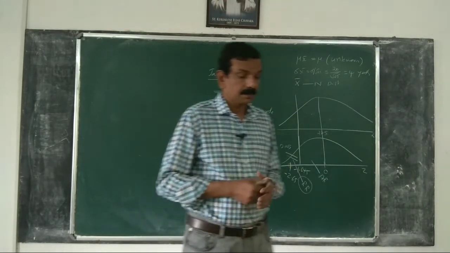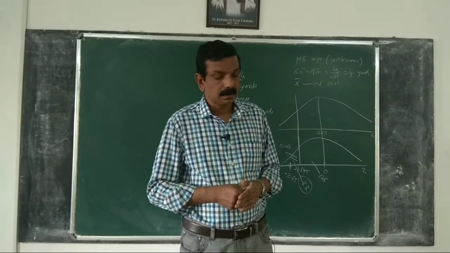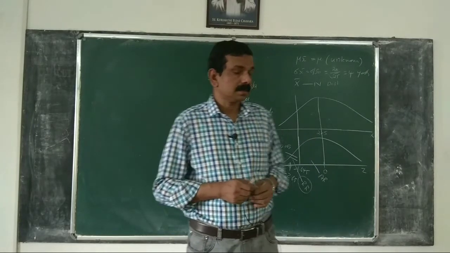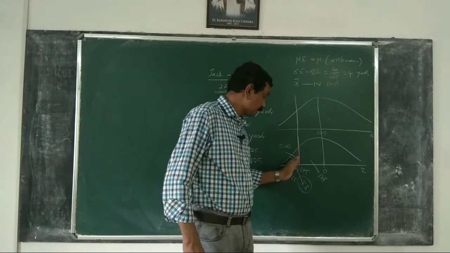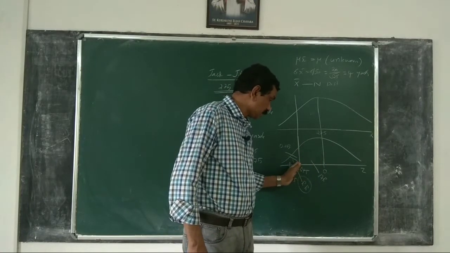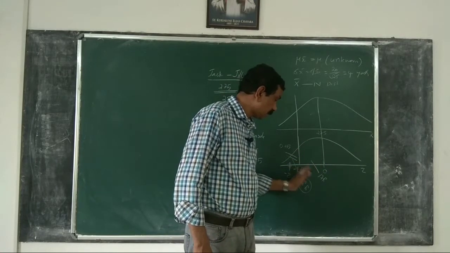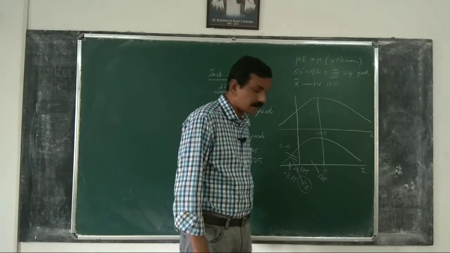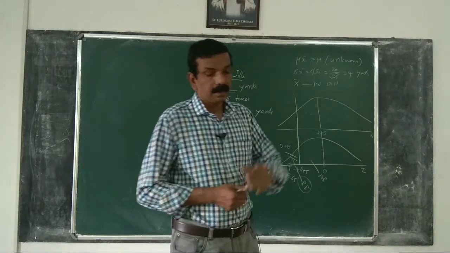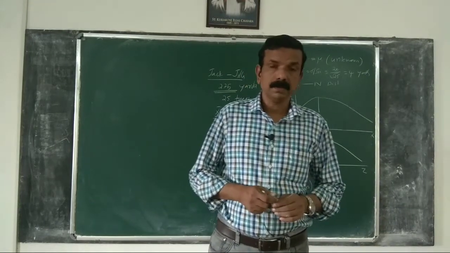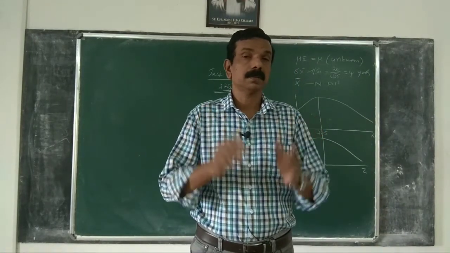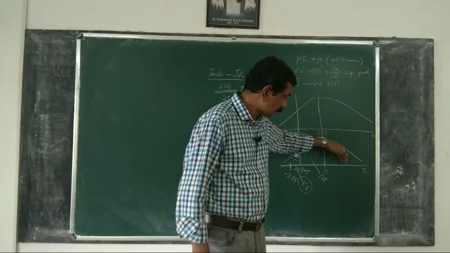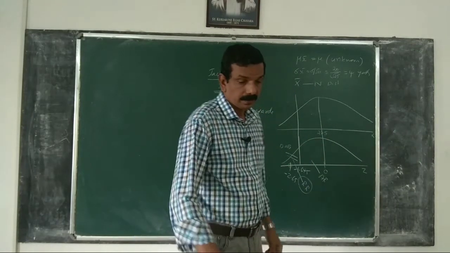The value of the test statistic which divides the rejection region from the acceptance region is known as the critical value. In this example, it is minus 1.645. And this terminology is applicable to all hypothesis testing procedures: critical region, acceptance region, and critical value.